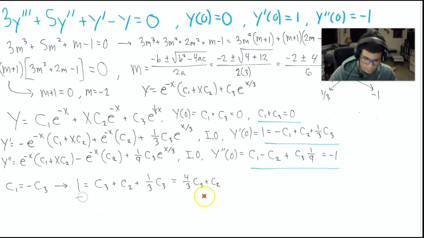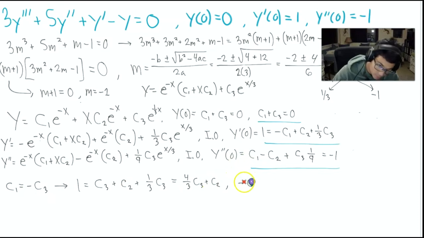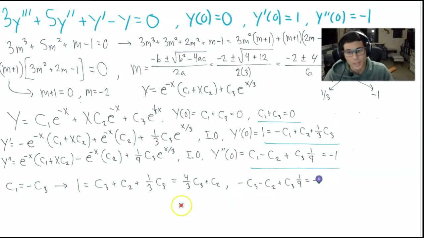Okay, well this is useful. What's next? Okay, let's maybe get rid of this C1 here for this one. So if we had C1 and we put a negative C3 in there, this would be negative C3 minus C2 plus C3 over 9, which is equal to negative 1. So now we have two equations purely just of two variables.